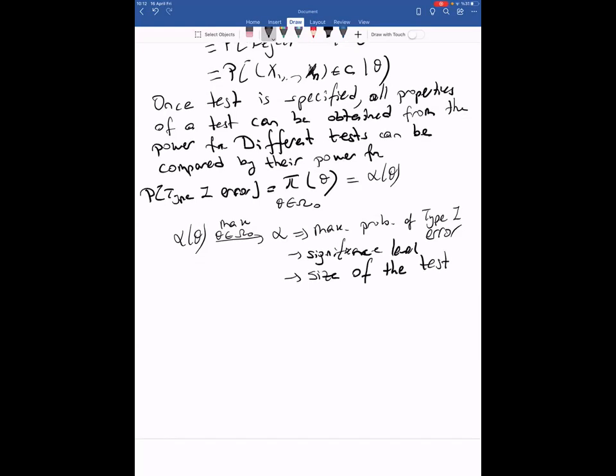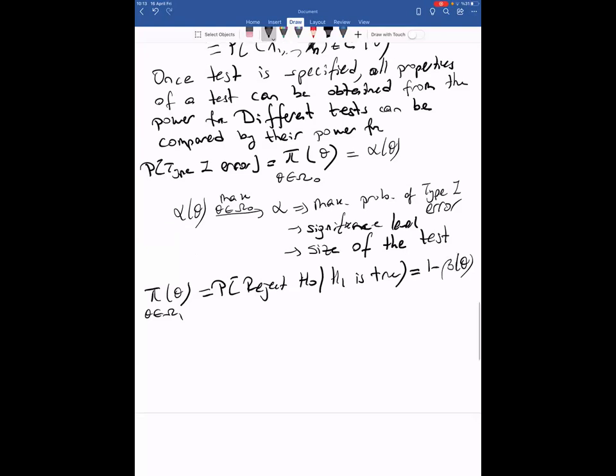And similarly, we can define the power function under the alternative hypothesis. Basically, this is the probability of rejecting H0 when H1 is true, so the correct decision case. It is the 1 minus beta theta term, or the power function.